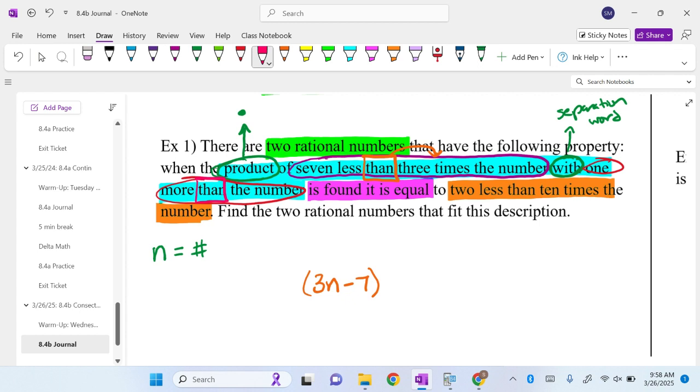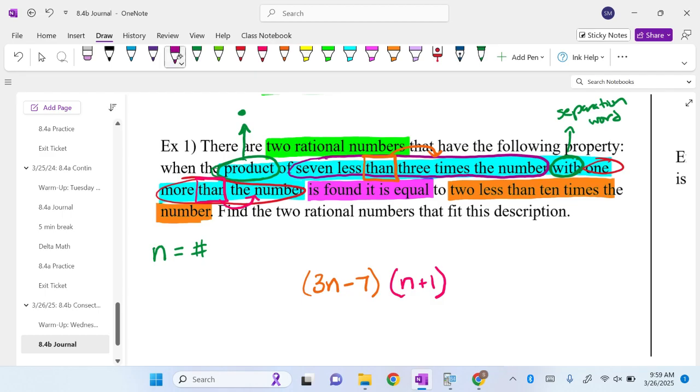What's the only thing on the right of than? The number. So we start with the number, which is represented by n. And then 1 more means plus 1. And since we're finding the product of those two expressions, we'll put parentheses around the n plus 1. And that's the first half of our equation.